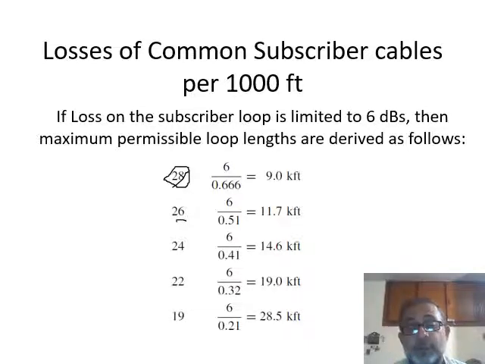As we go down, the diameter of the conductor is increasing, and the length to which this signal can be passed on increases also, while the number of the American wire gauge is decreasing from 28 to 26 to 24 to 22 and 19.